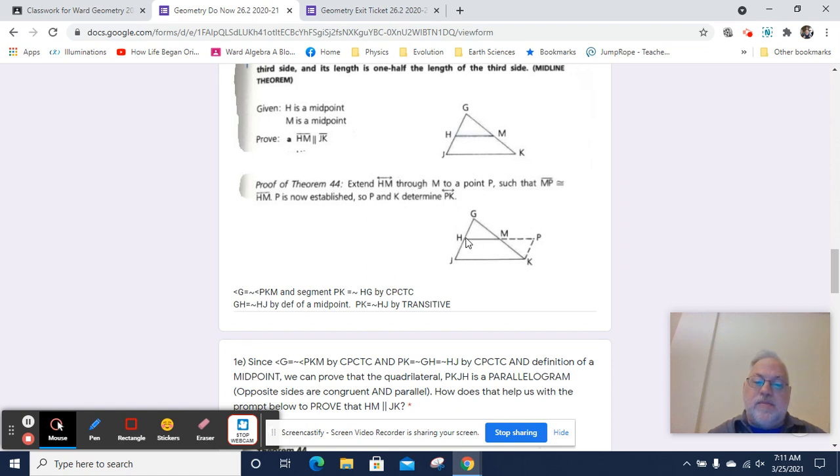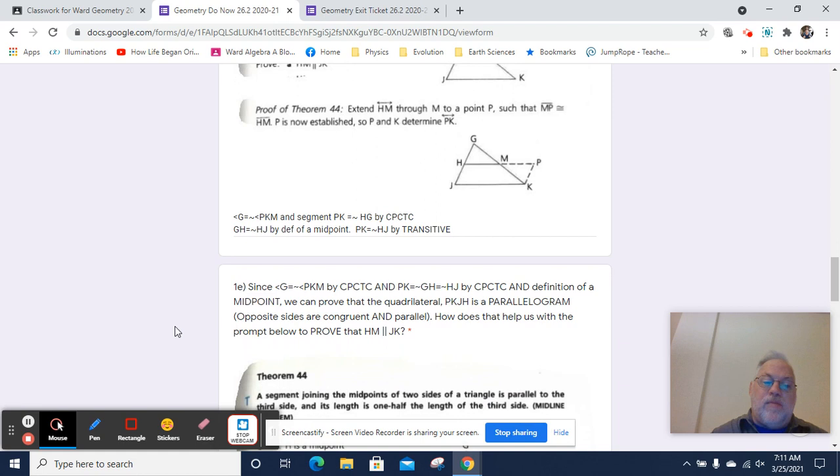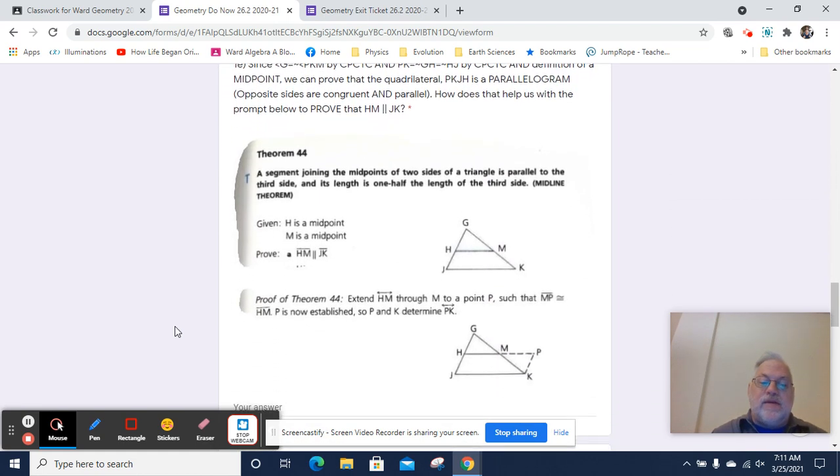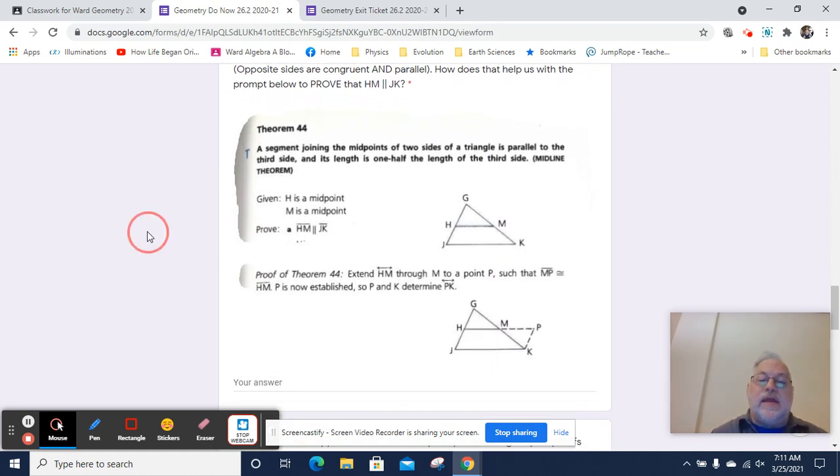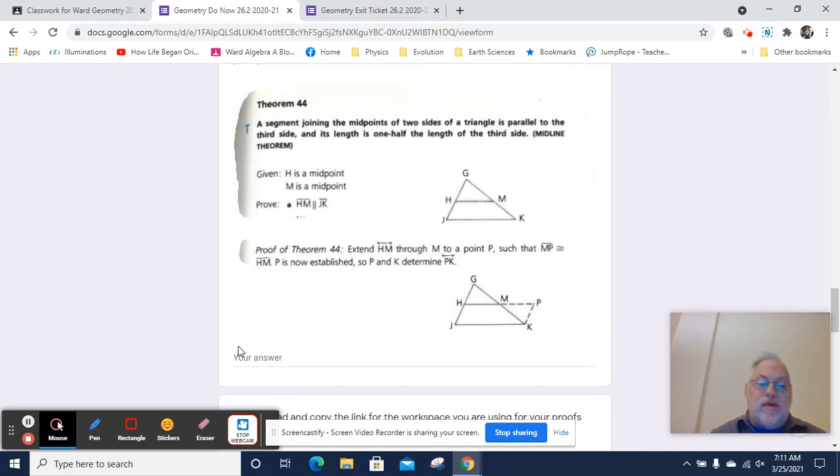GH and PK could be extended to be parallel lines. So what we know now is that HJ and PK are both congruent and parallel.